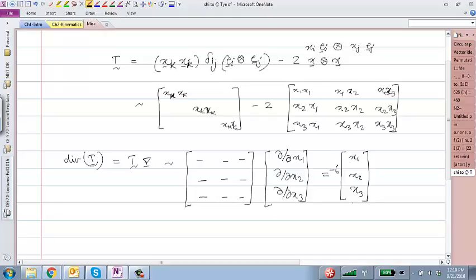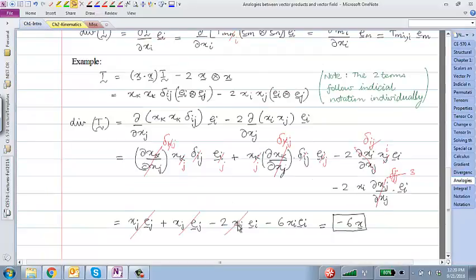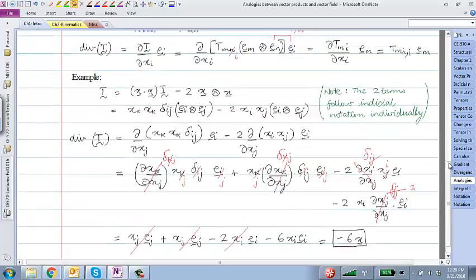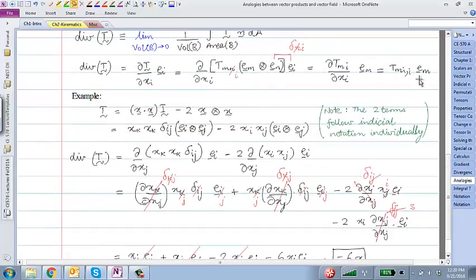Question: why did you take the derivative of x_j previously, using the component version? Okay, take a look at this. This is the definition, at least in terms of components, of what a divergence of the tensor looks like. The divergence of a tensor is T_mi; those are the two components.